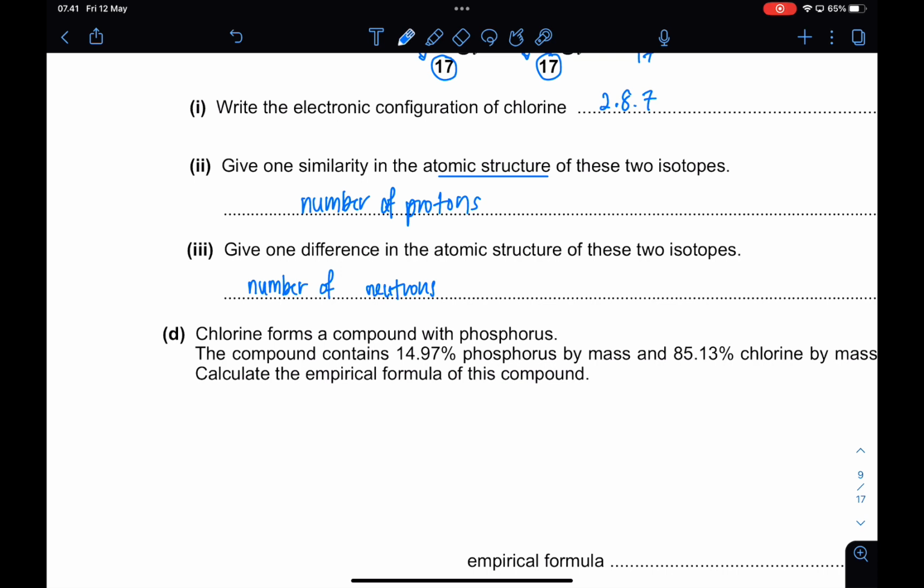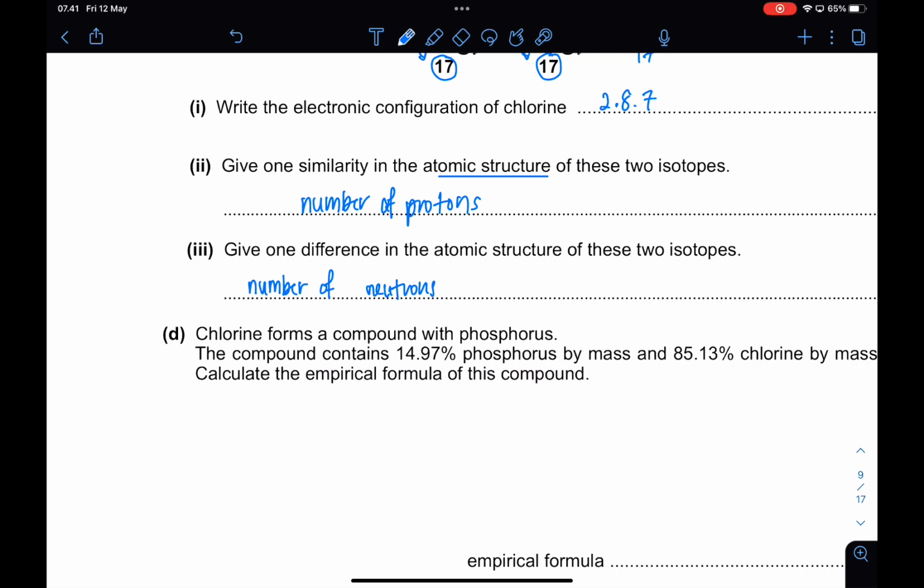Non-metal and non-metal, are they going to form covalent or ionic? Non-metals have to share electrons, so they are covalent. Ionic is metal and non-metal. So this is a covalent compound, but anyway, they didn't test on that.